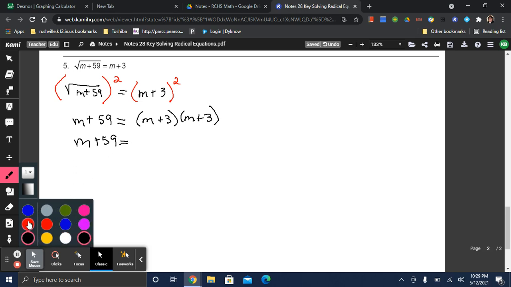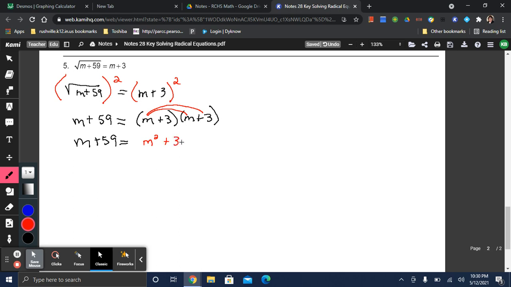And then this side, we would take m times m. That's going to give us m to the second. We would take m times 3. That's positive 3m. Then we'll multiply 3 times m and 3 times 3.